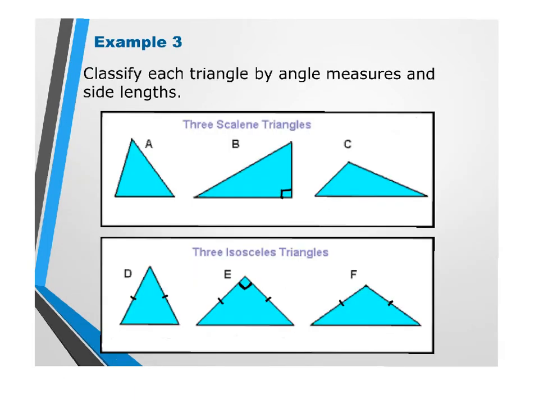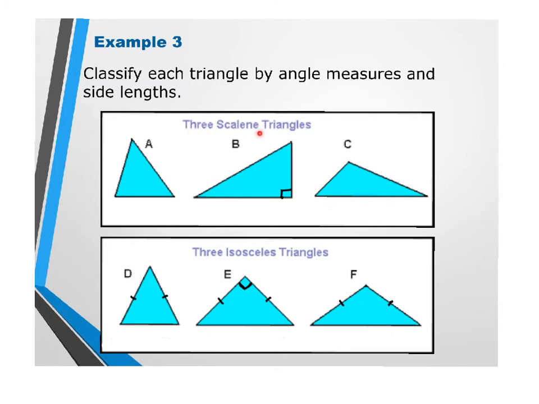Okay, in example 3, we're going to classify these triangles again, but by angle measurement and side lengths. So you can see that I have titled already that these 3 triangles are scalene triangles, and these 3 are isosceles triangles. But we can also add in what type of classification they are by angle.